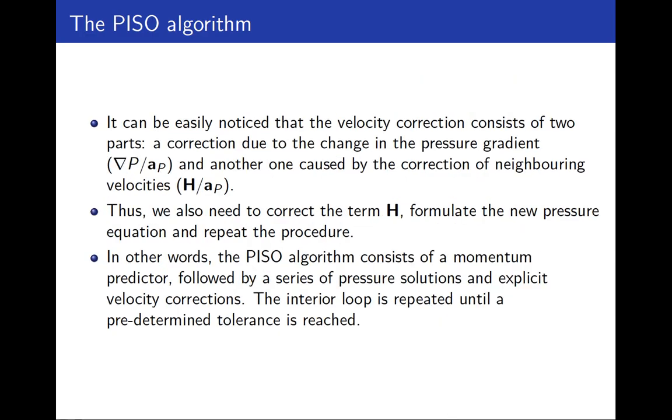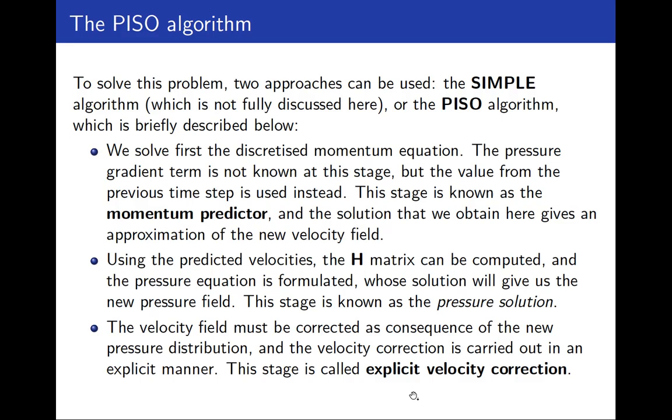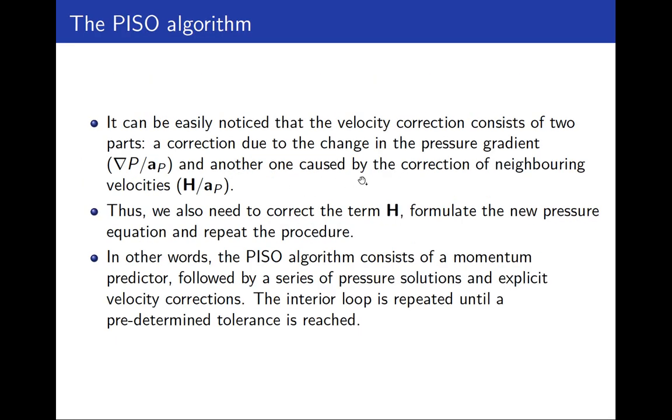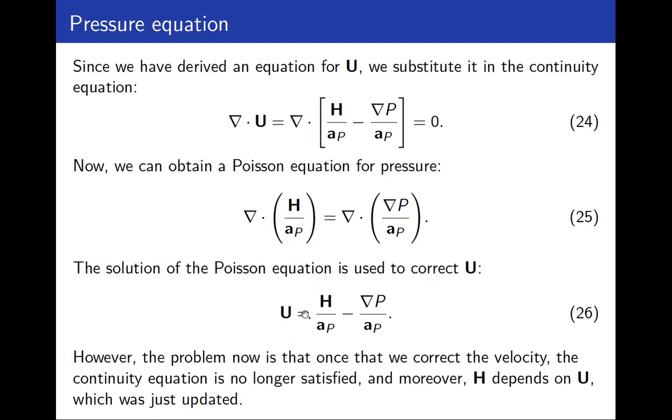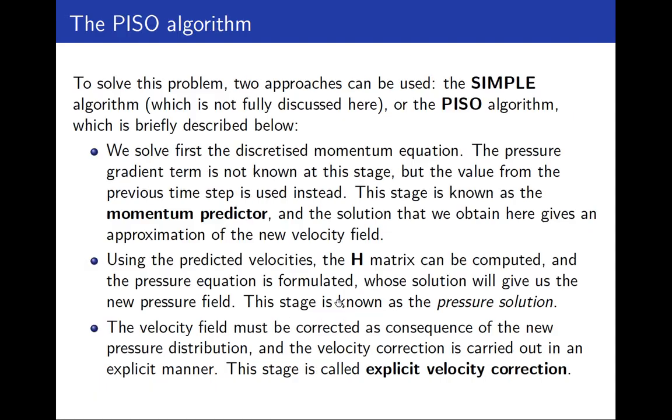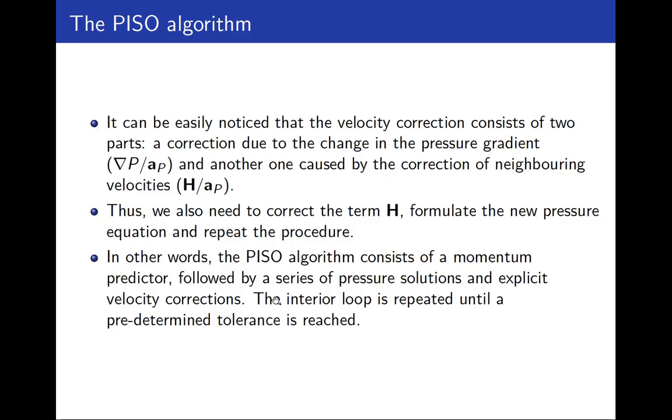But it can be noticed that the velocity correction consists of two parts. A correction due to the change in the pressure gradient here, and another one caused by the correction of neighboring velocities, which comes from the modification of matrix H. So this means that we also need to correct the term H, formulate the new pressure equation, and repeat the procedure.